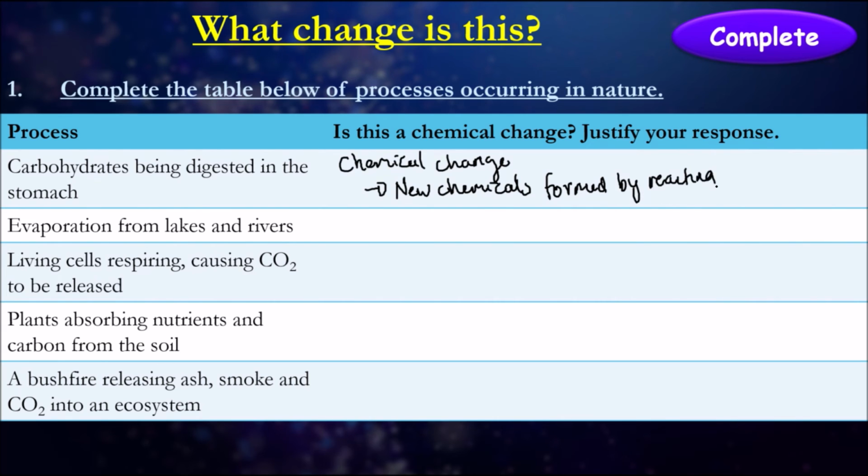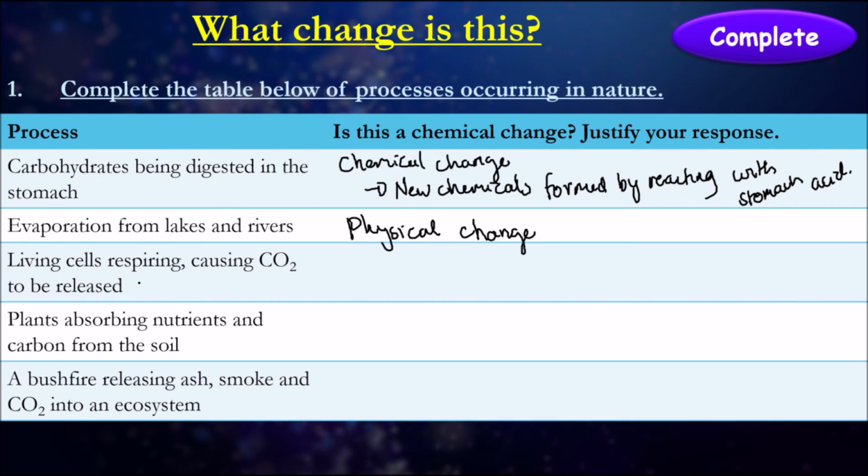Evaporation from lakes and rivers is a physical process or physical change. If we evaporate water, from liquid water to water vapor, it's still water, they're just more spread out.